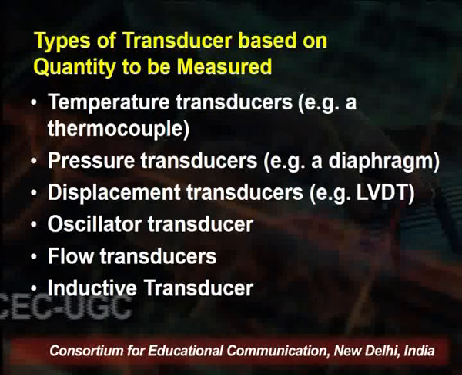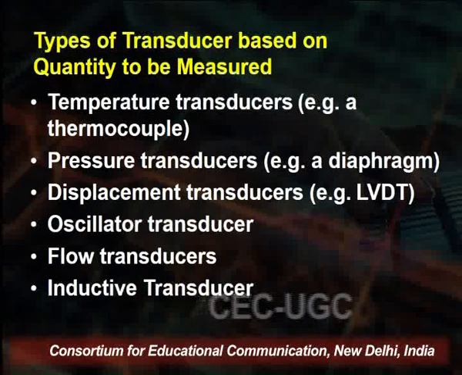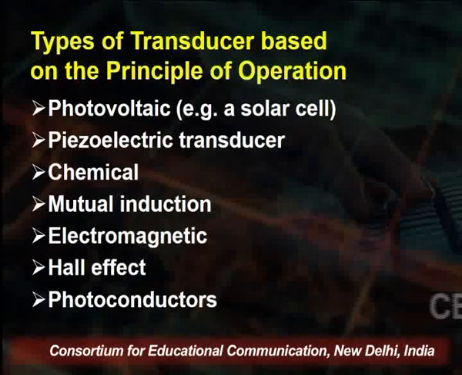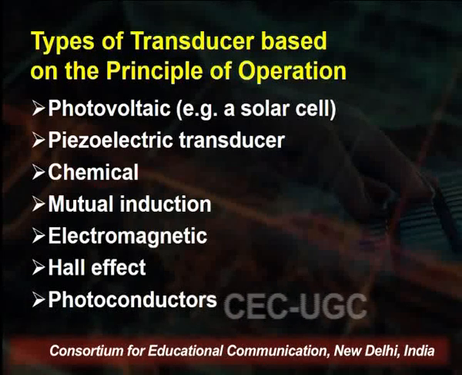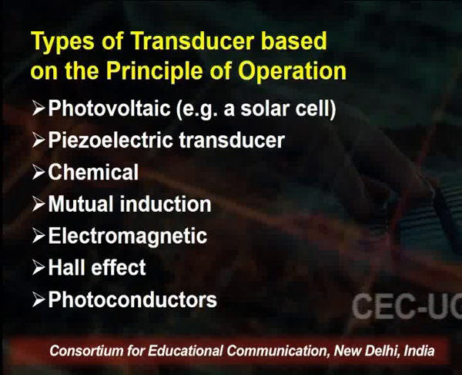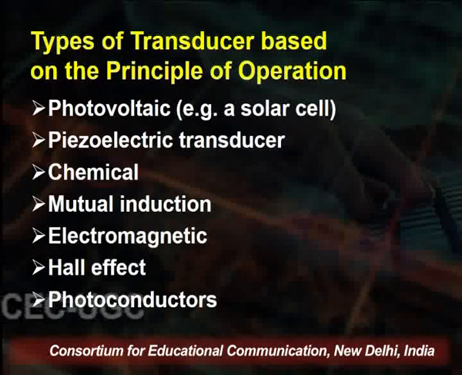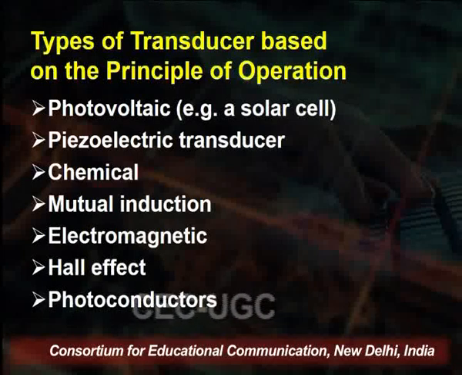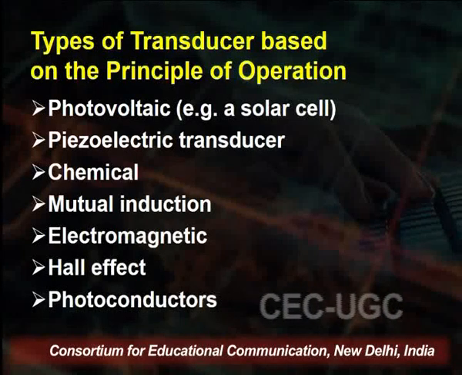So, these are the types of transducers which are defined on the basis of the quantity which we are measuring. Another type of transducer, based upon the principle of operation, is the photovoltaic cell, or solar cell, which converts light energy or sunlight into electrical signal and electrical energy.